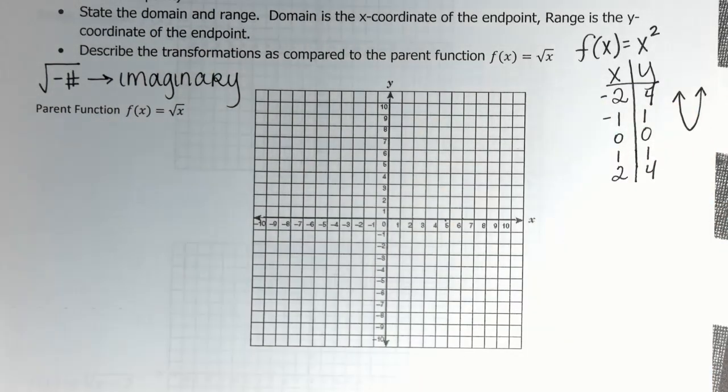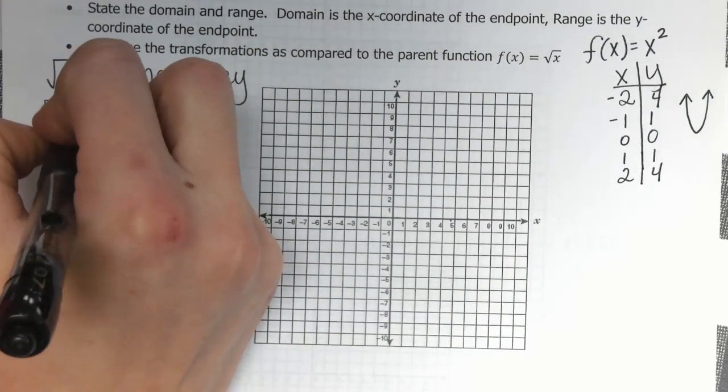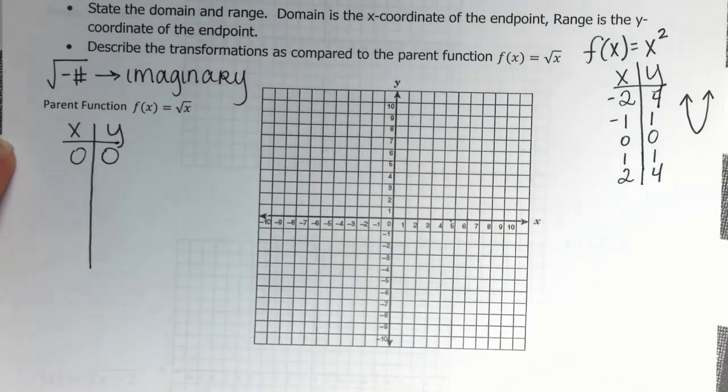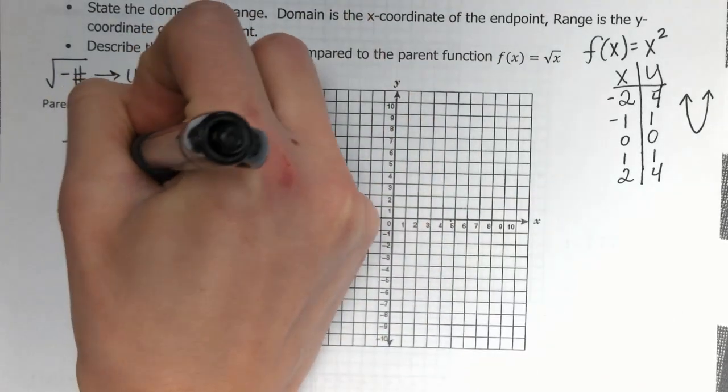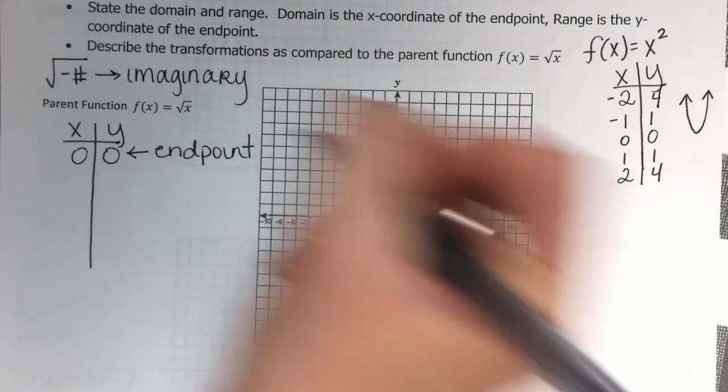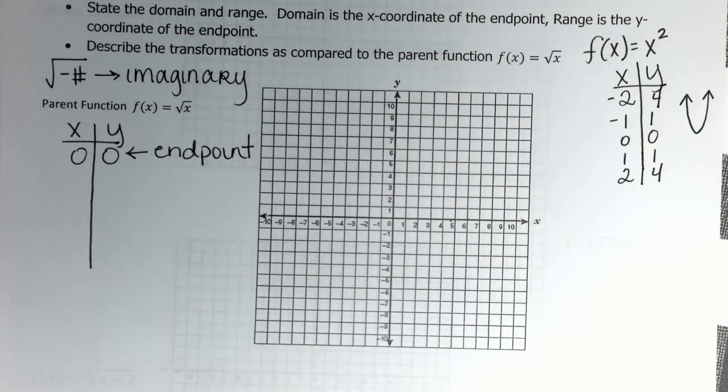So if we're not going to have imaginary parts, we can't have negative numbers in our table. So, if you can't have a negative, we're going to have to start at 0, 0. That 0, 0 is why you have an endpoint for the square root functions, because I cannot go negative.